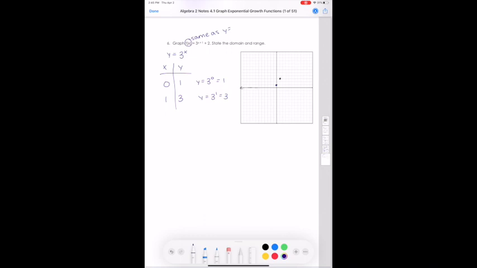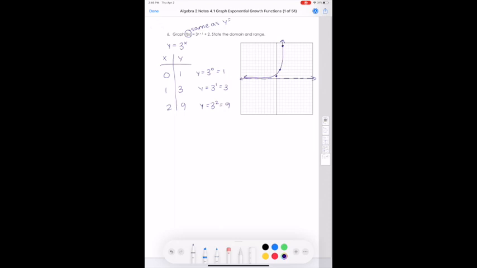I need my asymptote at the x-axis and draw my graph. Alright, I decided to do an extra point because I knew it would fit on the graph with 3 squared being 9. But again, you only have to use x equals 0 and 1. But it works with any point.